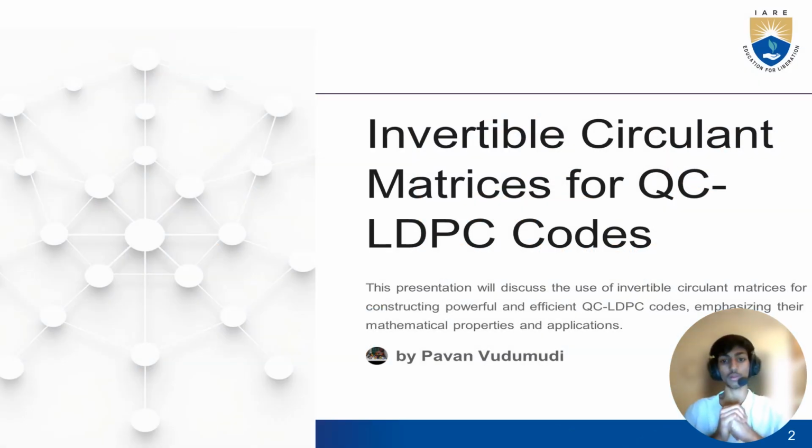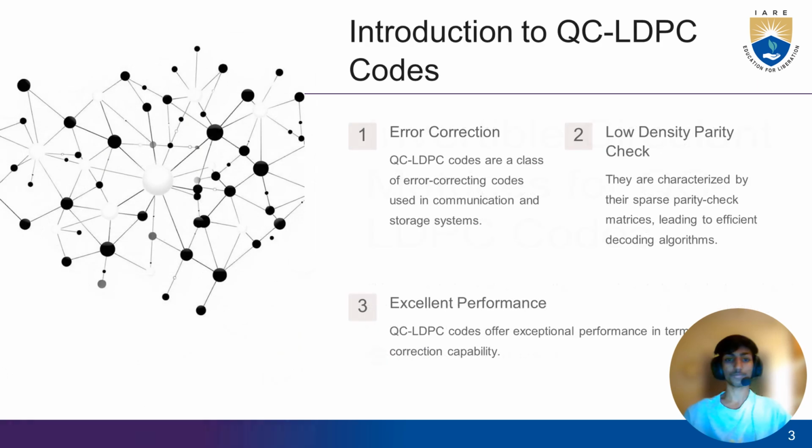Invertible circulant matrices for QC-LDPC codes. In this presentation, we discuss invertible circulant matrices for low-power and efficient QC-LDPC codes, emphasizing the mathematical properties and applications. We deal with error correction, low density parity check, and excellent performance.